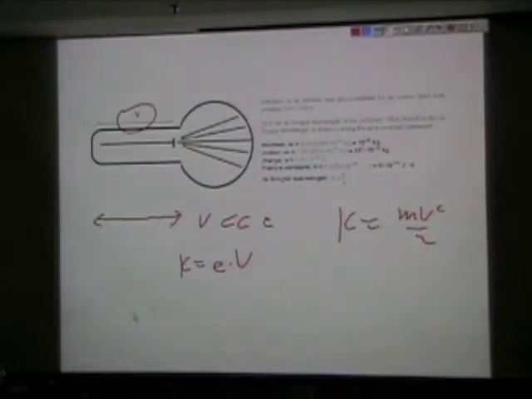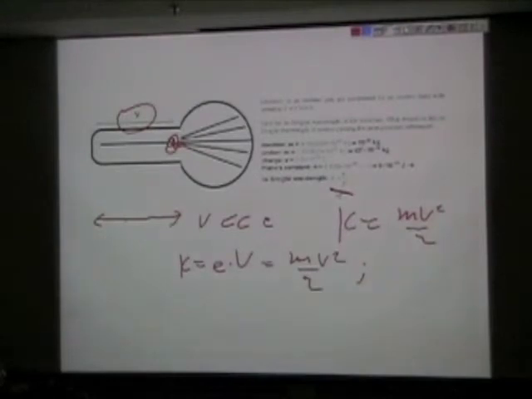And that would give us the speed of these electrons traveling through the target. Diffraction is happening here.